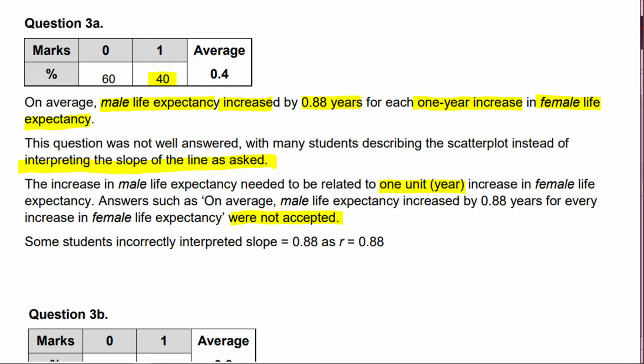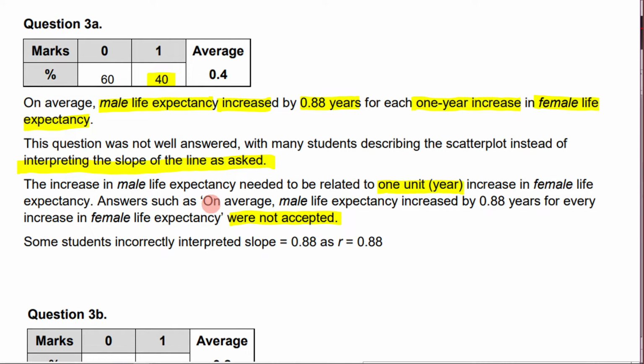Do you see how what they've provided as an inaccurate answer is different to what they've provided as an accurate answer? You can't just say for every increase in female life expectancy, you have to specify the unit. It's 1 unit year. So 1 year increase in female life expectancy.